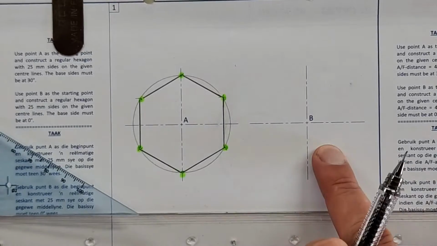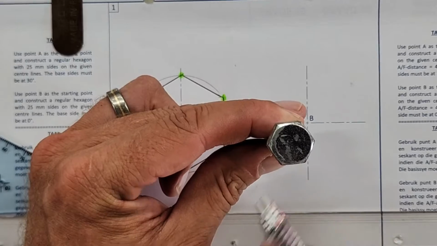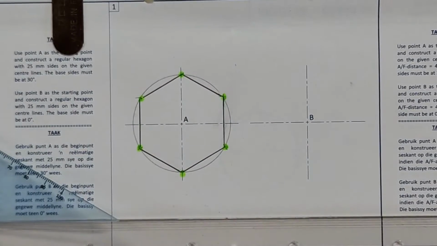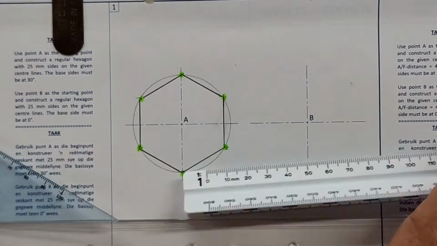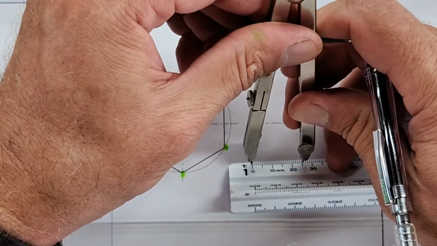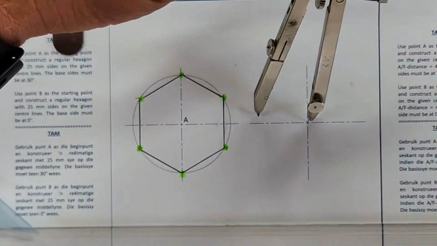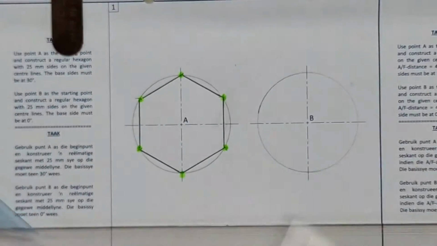Right, next to it, now we want that base at the parallel position or 0 degrees, horizontal position. Same steps. Setting your compass at 25. Just double check, maybe your compass changed. In the middle there, and we draw a construction circle.